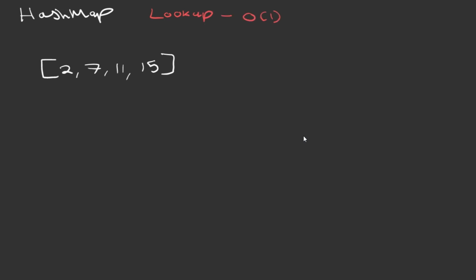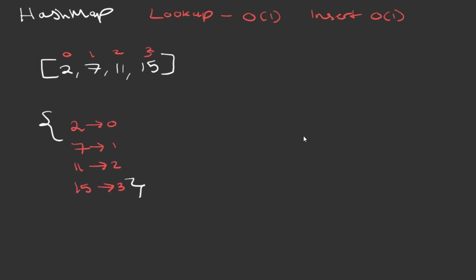And we also know that the inserts is going to be O of 1 on average. So what we can say is that we can populate the hash map with elements from the nums array. Basically what that's going to look like is that we're mapping each element to its index.